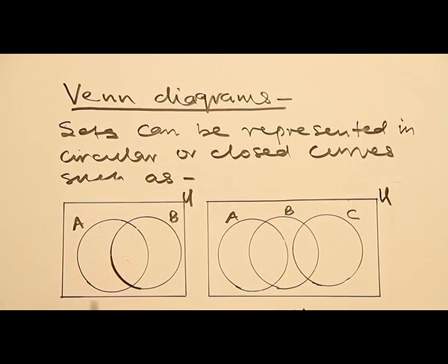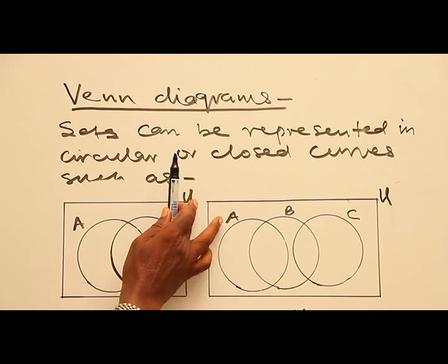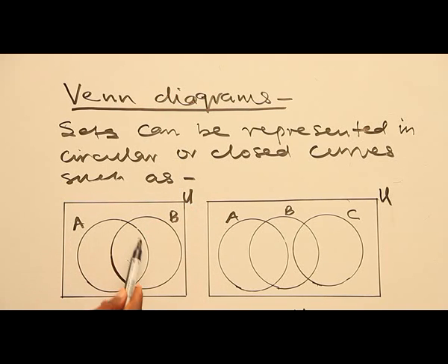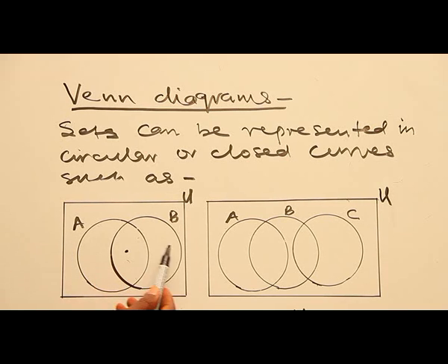This one, you can see the rectangular shape which encloses what we call the universal set U, and then we have set A, the circular set A, and the circular set B. So a set can be described in this Venn diagram in this way, where this region here is the region which we call the intersection of A and B, and the elements in A only will be found here, elements in B only will be found here, elements outside A union B will be outside the two circles but within the enclosed rectangular box.